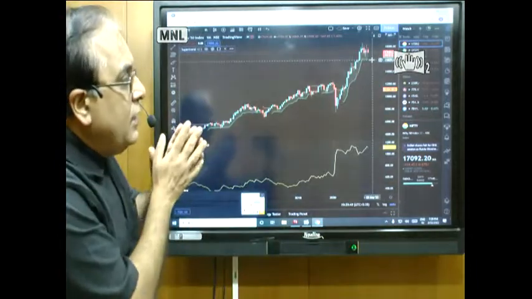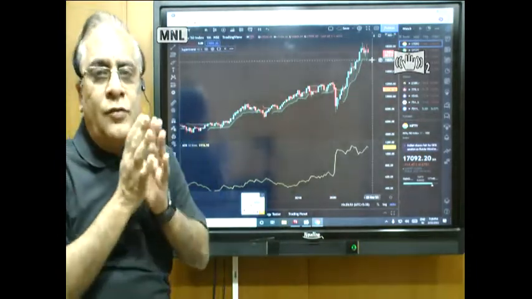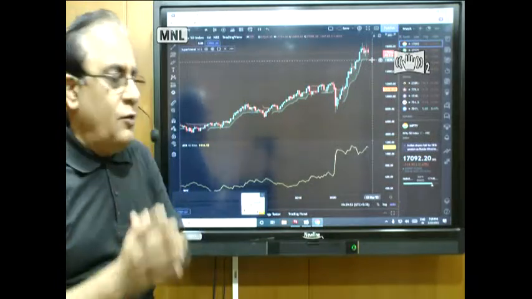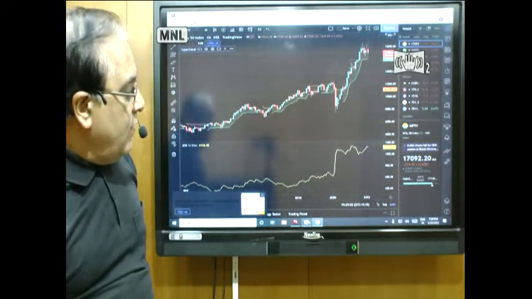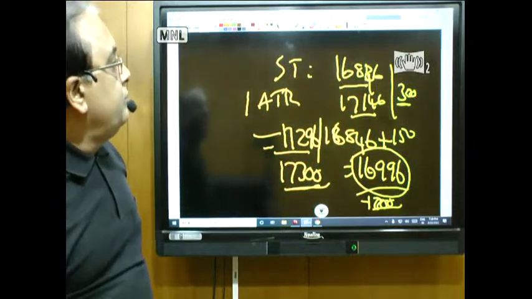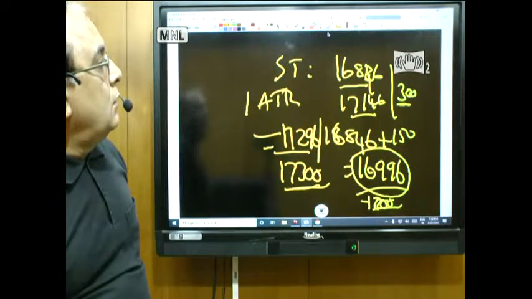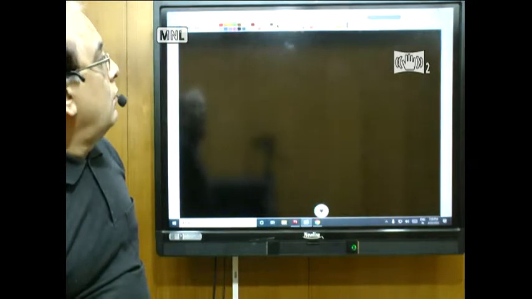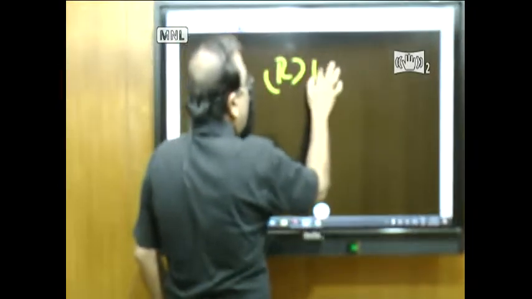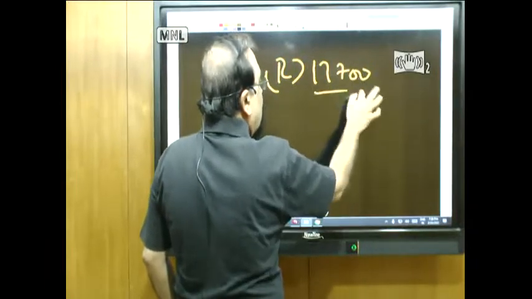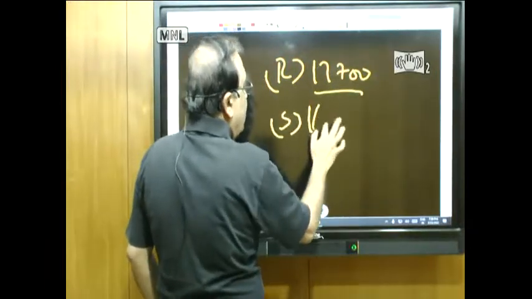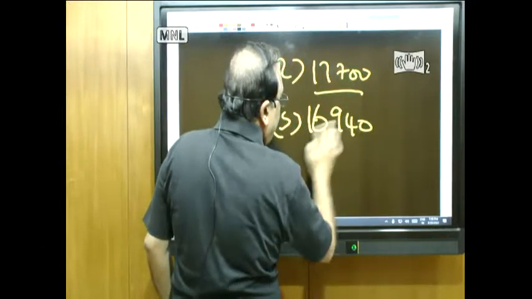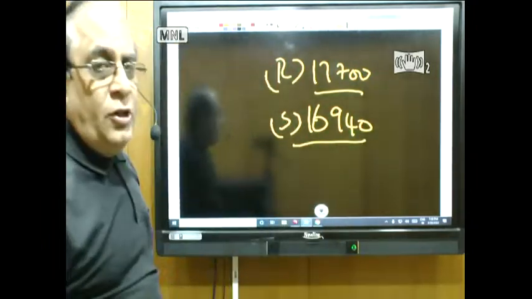So the super trend indicator is giving very clear places of support and very clear places of resistance. Based on this, what we have seen is this. The big resistance 17,700, supports on a weekly basis 16,940.